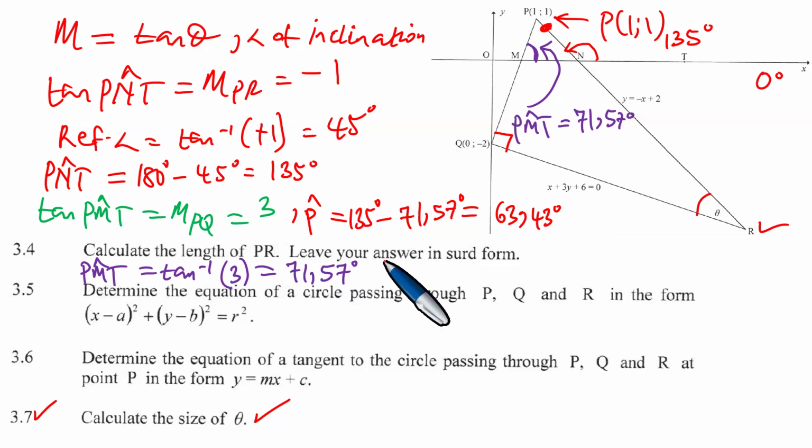So now, if this angle P is 63,43 degrees, we have a triangle.